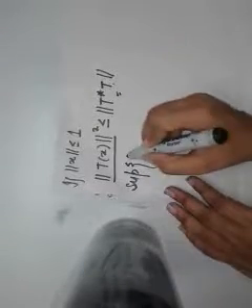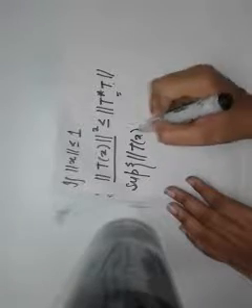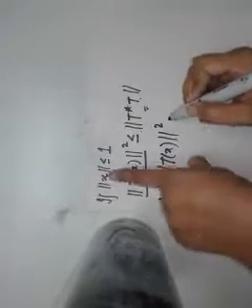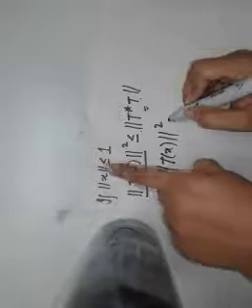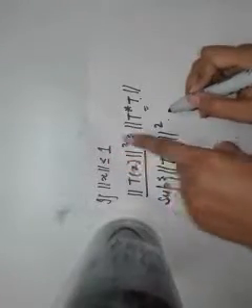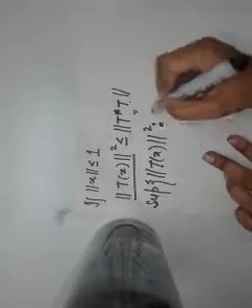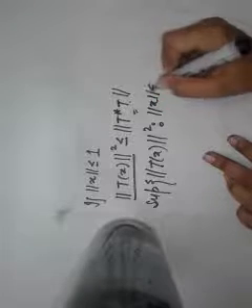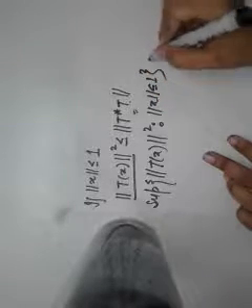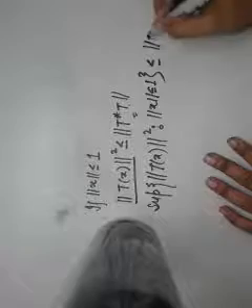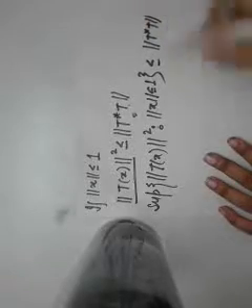So supremum of norm Tx whole square, we have already given the condition, if norm of x is lesser or equal to 1, then this will be again less than or equal to norm of T star T.